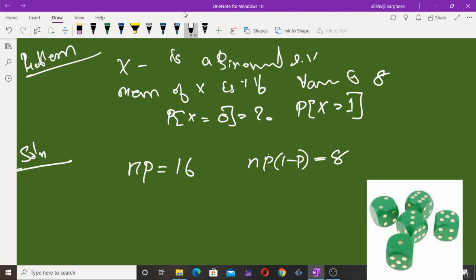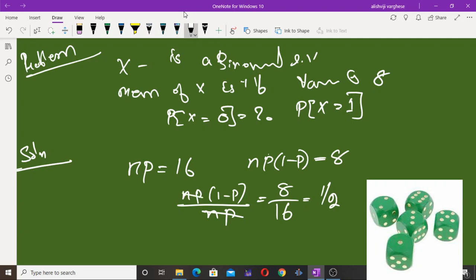That's given. So from these two expressions, if we divide the variance by mean, np into 1 minus p divided by np is equal to 8 by 16, or 1 by 2.